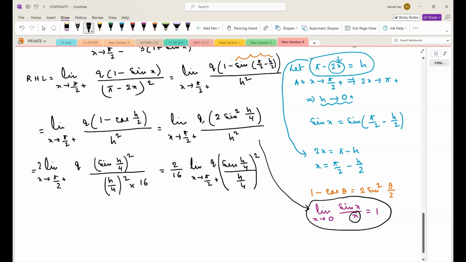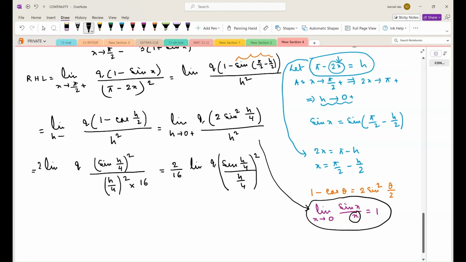I made a serious mistake here. When I'm changing my variable from x to h, I should have written h tends to 0. All these will be h because we are no longer in x. Extremely sorry. Actually, I'm doing it in a hurry to cover as much as possible. So h tends to 0 from the right.